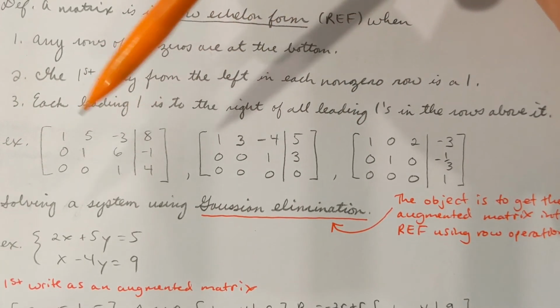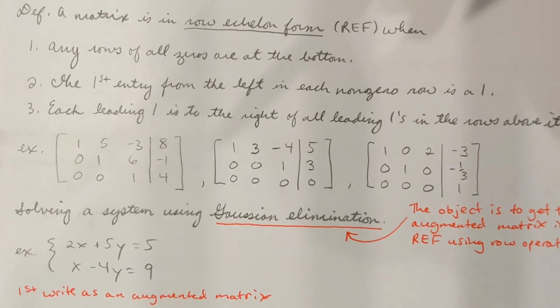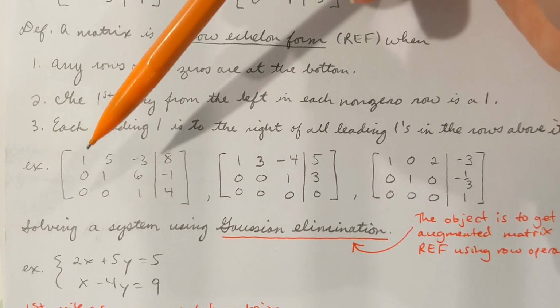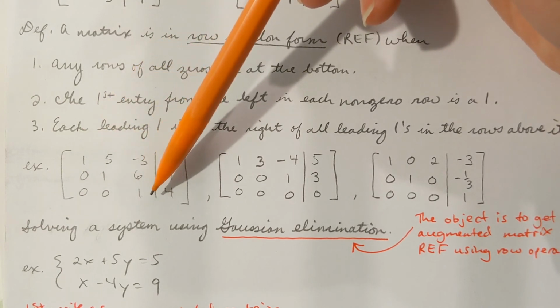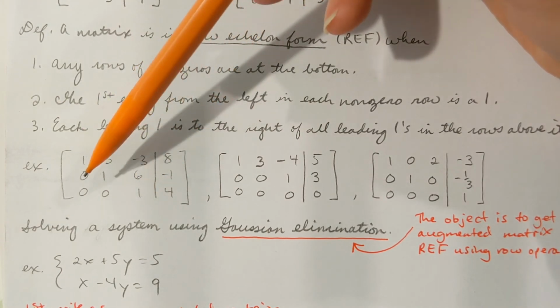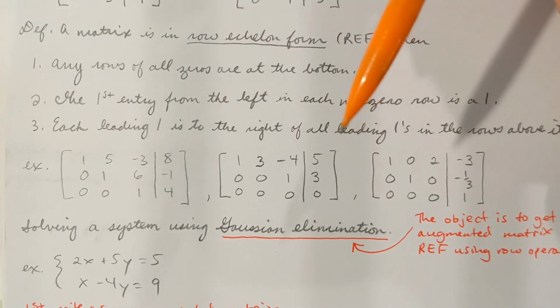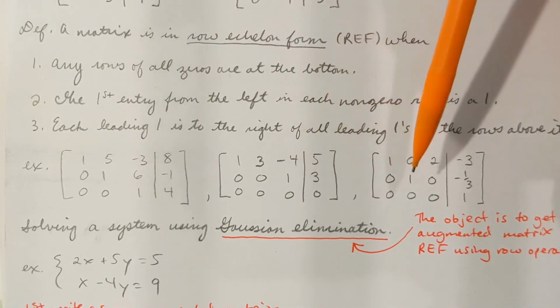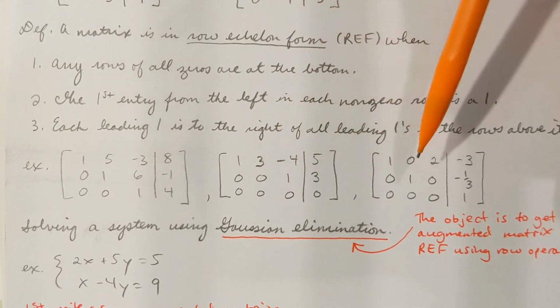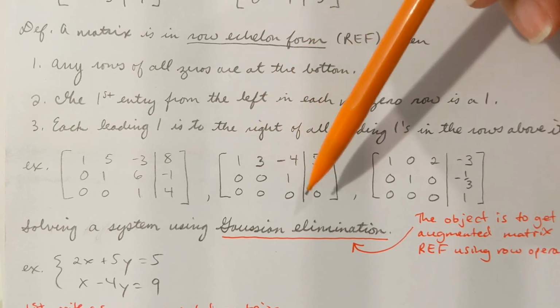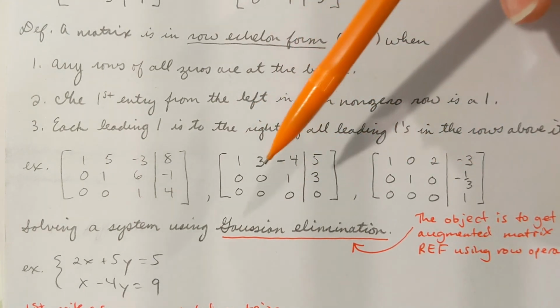To summarize what it means to be in row echelon form, you're looking for ones down the diagonal of the matrix and then zeros in the lower triangular part. Now, these other two examples would also technically be in row echelon form, even though we don't have ones down the diagonal.